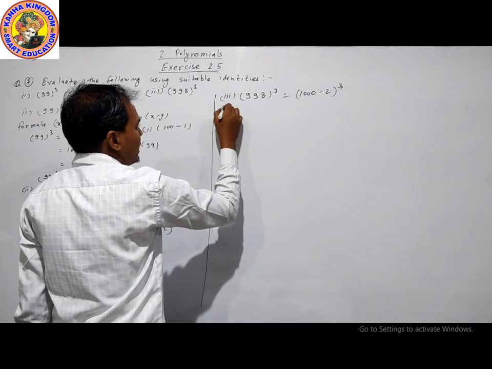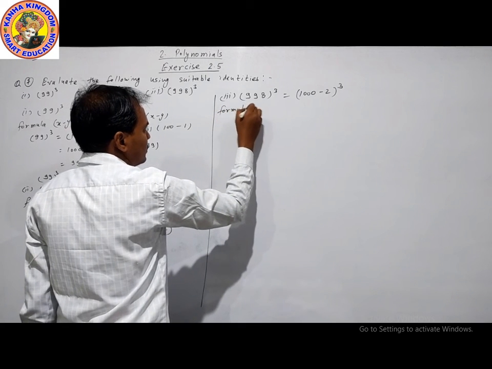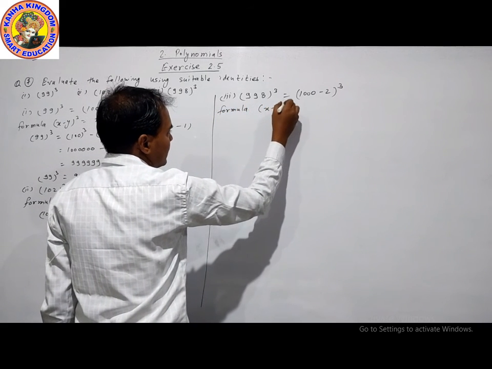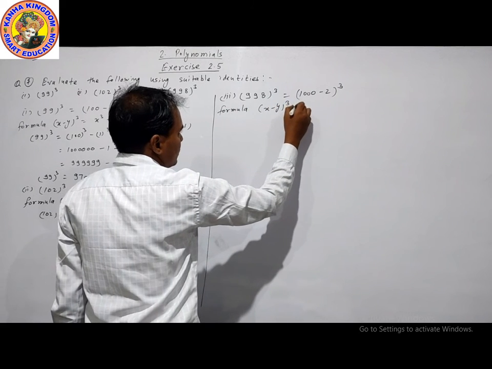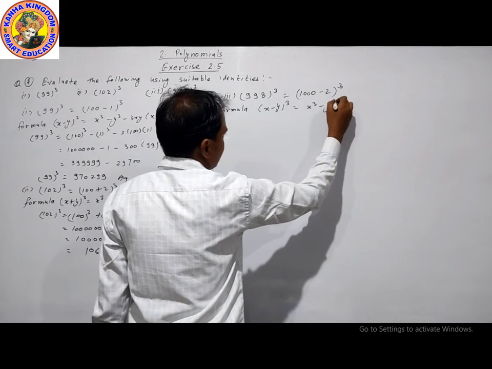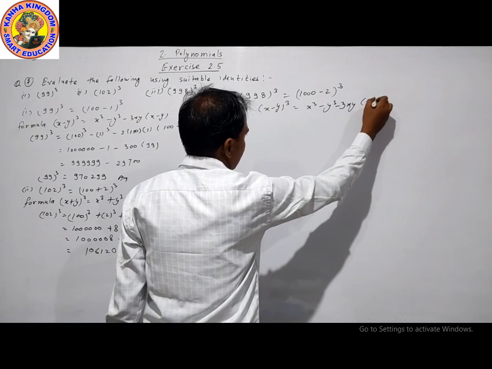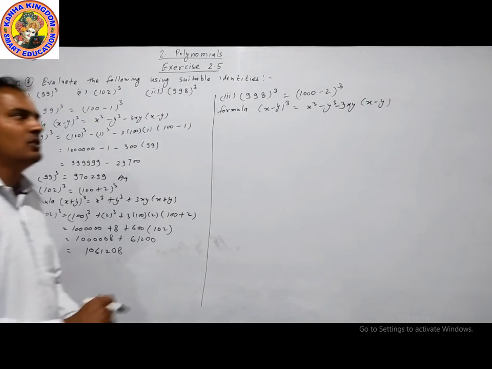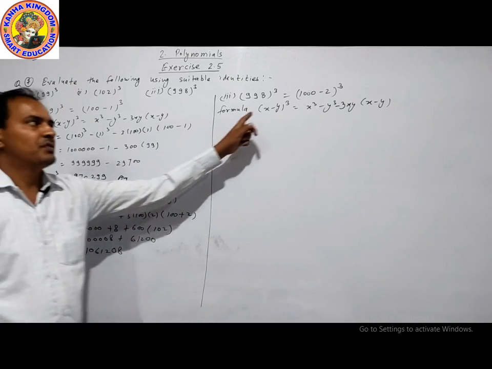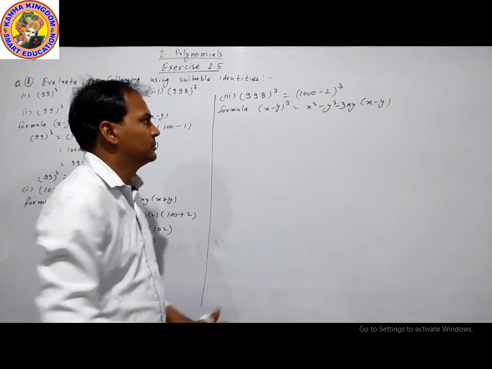Here the formula for (x minus y) cube is x cube minus y cube minus 3xy times (x minus y). This is our formula. Now putting the value, x is 1000, y is 2.